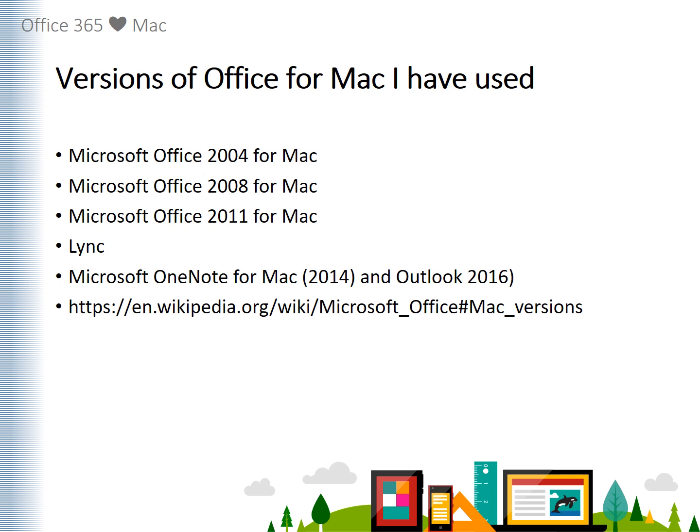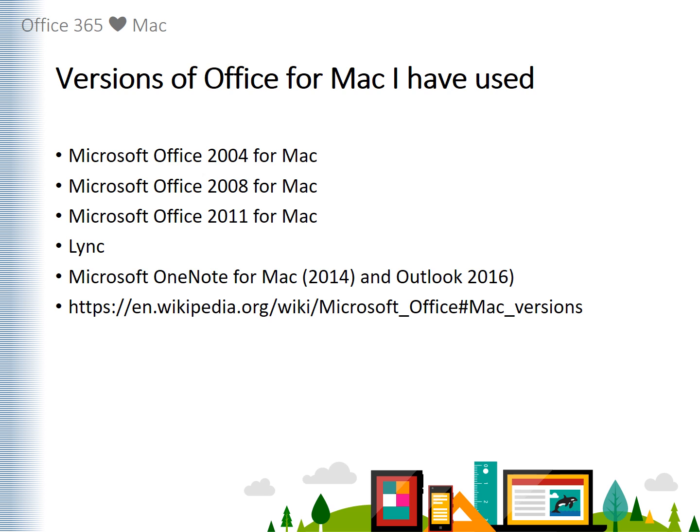Lync was introduced at some point, so I had MSN Messenger and the equivalent Office Communicator on previous versions of Microsoft Office for Mac. And I believe at one point it was actually a combined client, so you could use it for both MSN Messenger or the personal instant messaging, as well as Office Communicator or the work business communication.